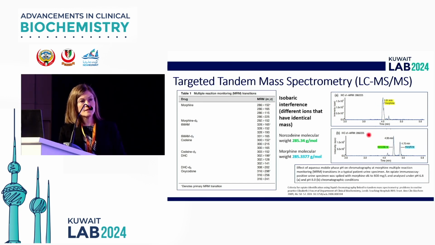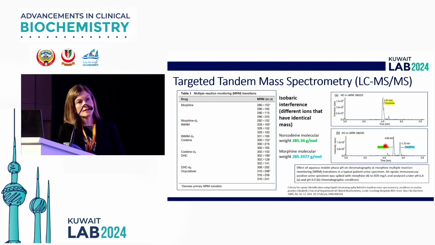We selected a sample that was positive in our opiate immunoassay, and we spiked that with morphine to 800 milligrams per liter. This is the spiked sample when we ran it in our chromatography at pH 6.8, and when we ran it with the mobile phase at pH 8.0, you can find that the ionization changes and the time at which the peak elutes changes.